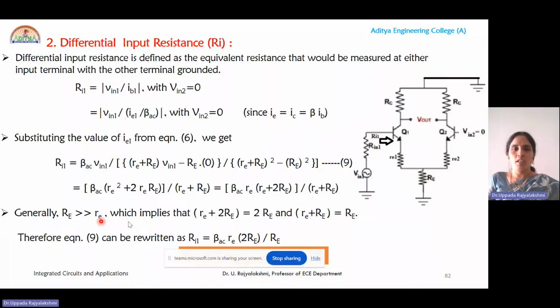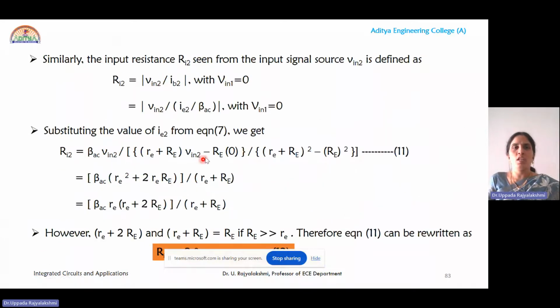So neglecting small re, we will get 2 RE in the numerator and capital RE in the denominator. So this capital RE gets cancelled, and you will get Ri1 as 2 into beta AC into small re. So that is our differential input resistance.